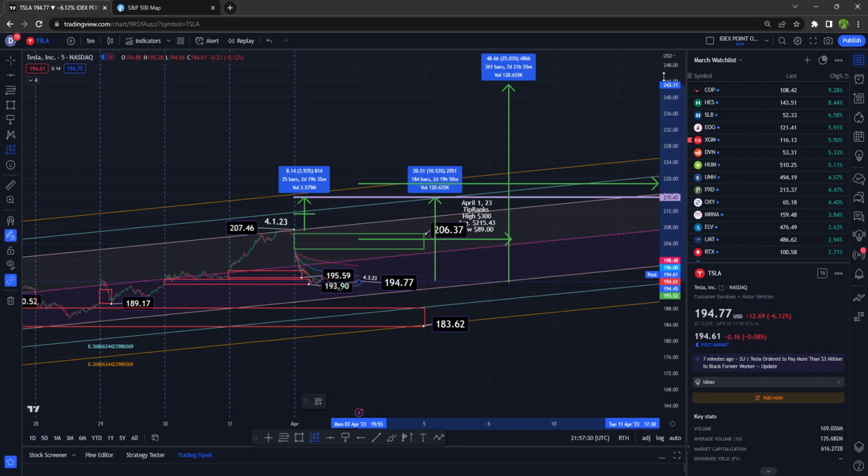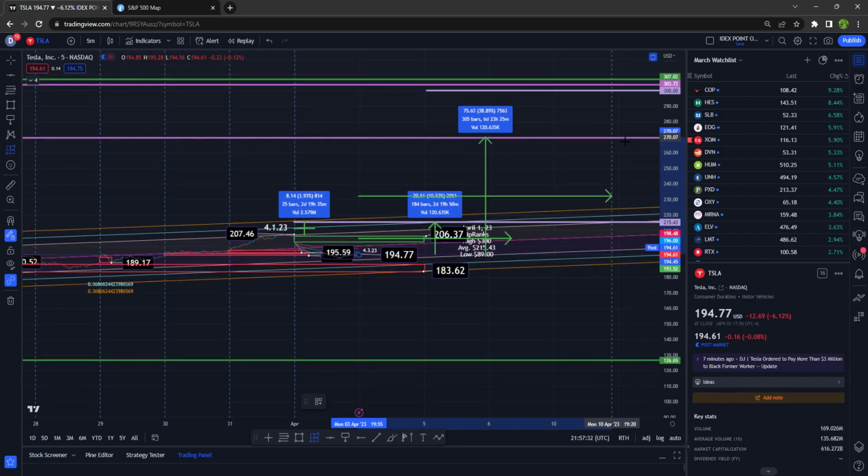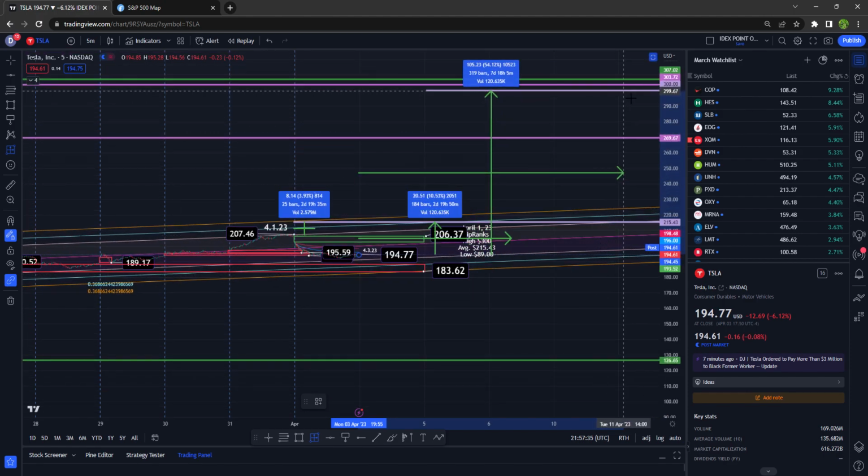From here to $300 is a return of roughly 54%. Of course, we may never get there, or it could take a very long time to do so, but that is a price target according to tipranks.com for the 1-year price target.